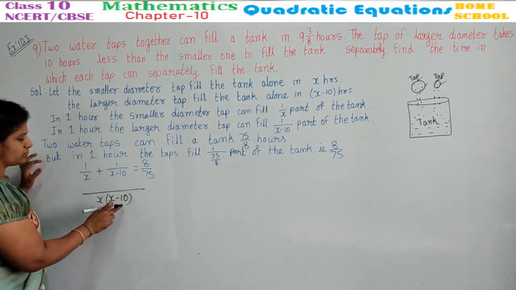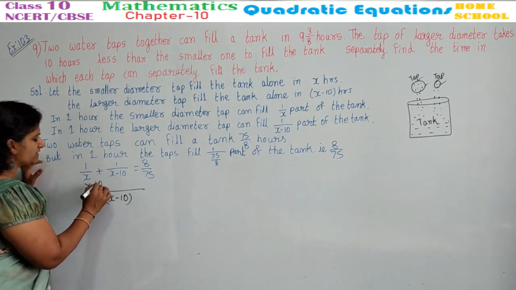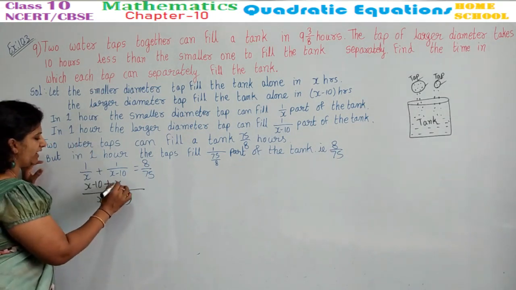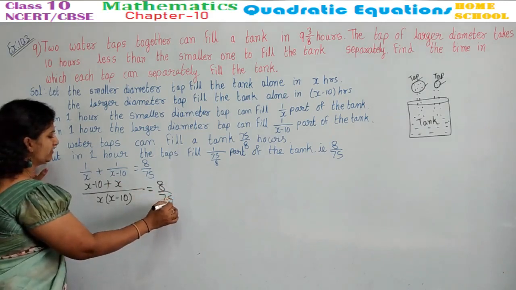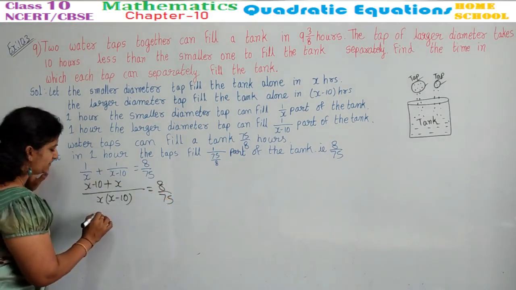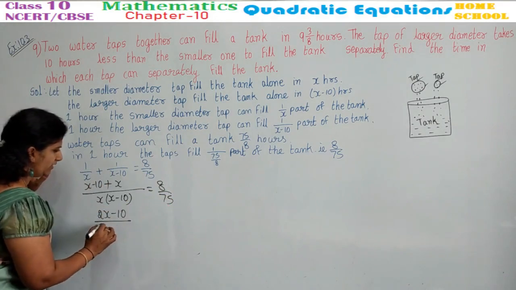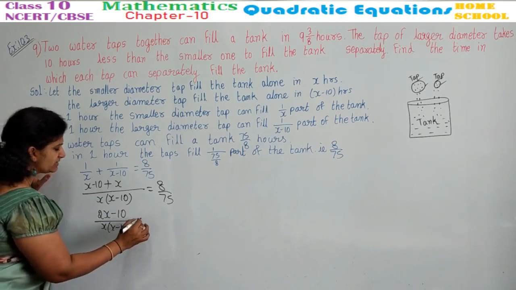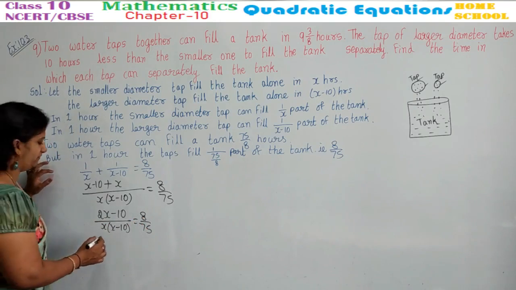You have here x, so x minus 10 multiplies the numerator. 1 into x minus 10 will be x minus 10, plus x into 1, x, is equal to 8 by 75. x plus x, 2x minus 10, by x into x minus 10 is equal to 8 by 75.